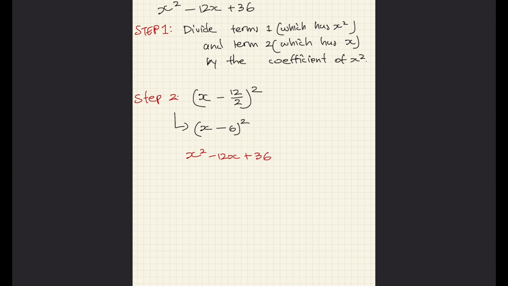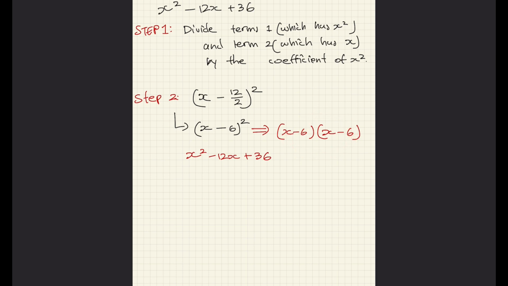Okay, so you'll notice that what I did here is the same as writing x minus 6, and then we go x times x, which is x squared, x times minus 6 plus x times minus 6, that's minus 12x, and then 36.